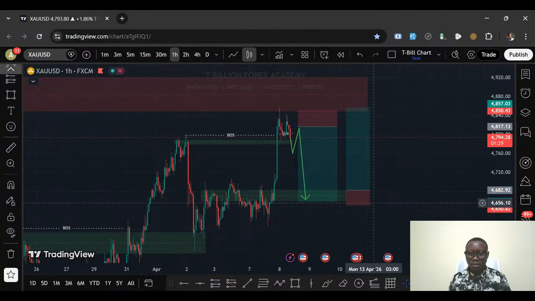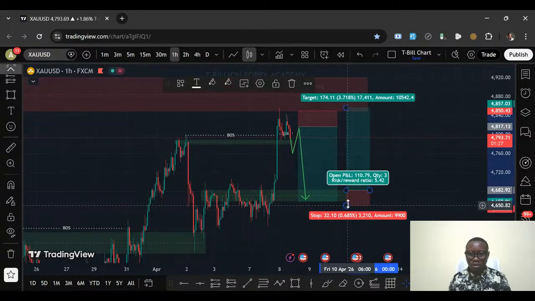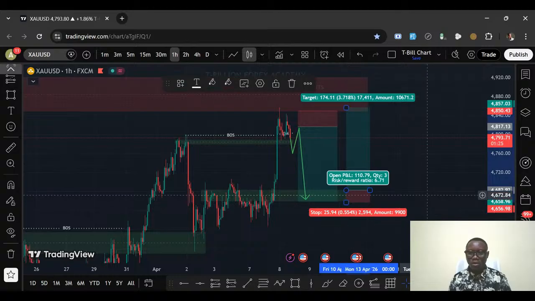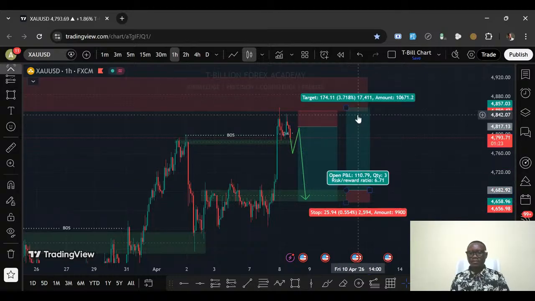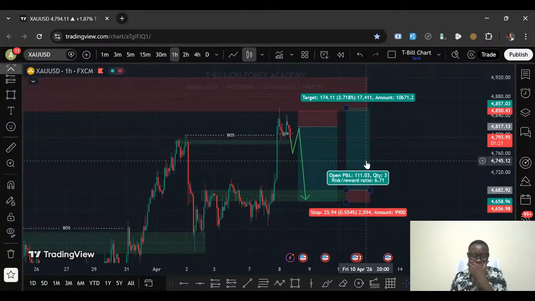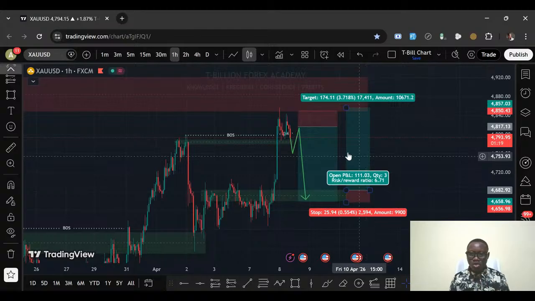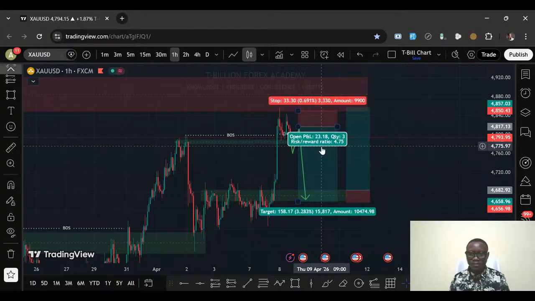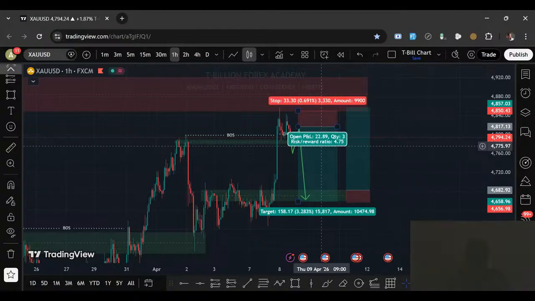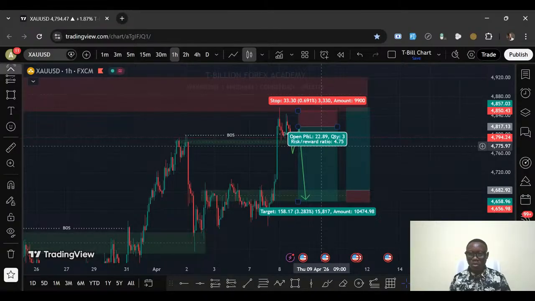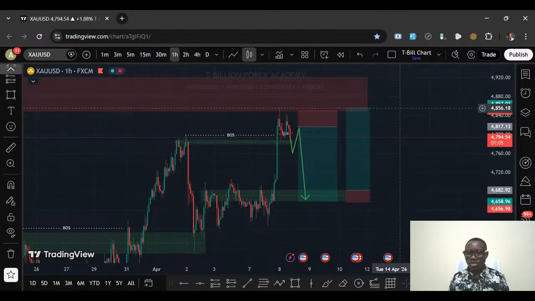So this is it. This is 1:6.7 risk to reward ratio, and this is 1:2. This is 1:4.75 risk to reward ratio.